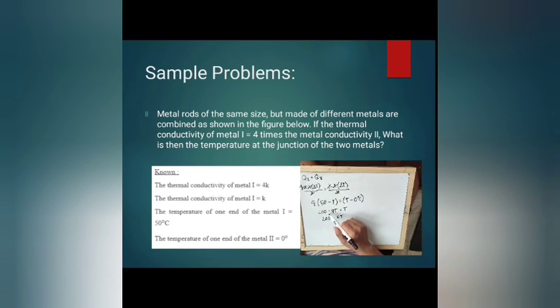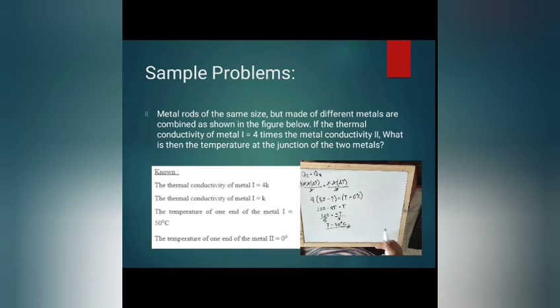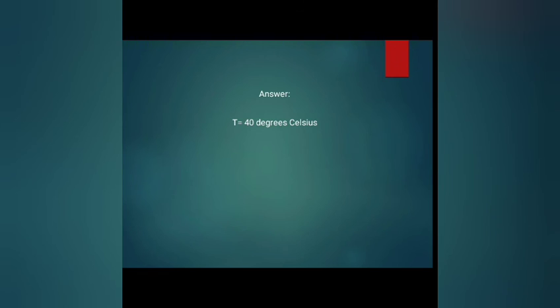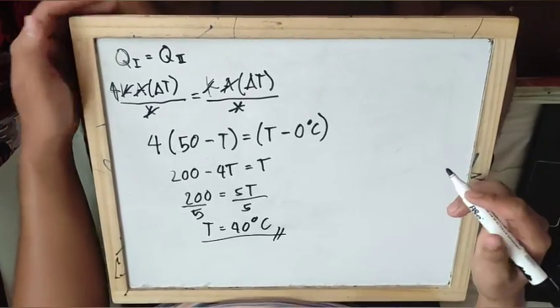We add T plus 4T, then we divide by 5, so we get T is equal to 40 degrees Celsius. To check for the answer, we got the correct answer. So that's it, and thank you for watching the video.